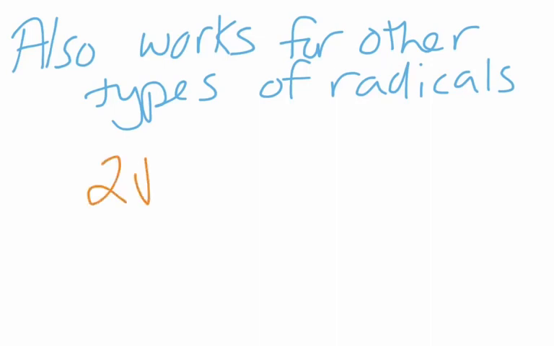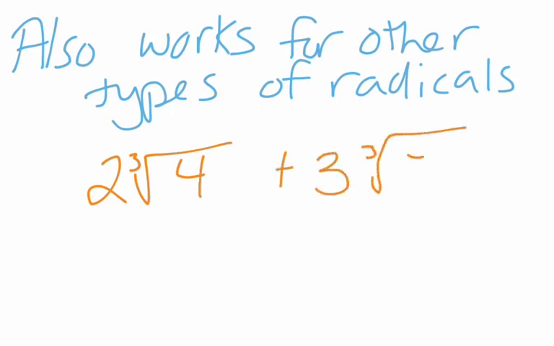If you were to see something like 2 cube root 4 plus 3 cube root 4, you would look to make sure that they were the same type of radical, so they're both cube roots, and the radicands match, and so we'll treat that like a variable. It's going to look like 2x plus 3x, which would be 5x, except it's not an x.